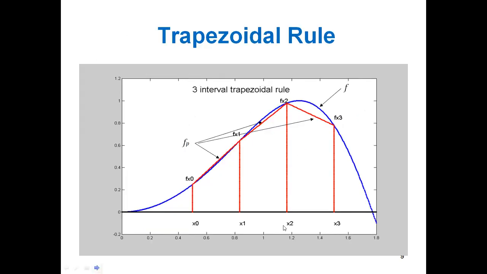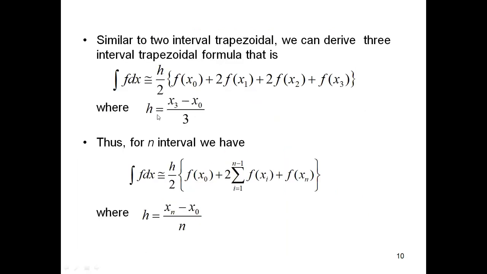If it's 3, like this one, the same thing, x sub 3 minus x sub 0, that would be this, right? If you divide it by 3, that would be the individual heights of these trapezoidal parts. So you have now h equal to x sub 3 minus x sub 0 divided by 3.